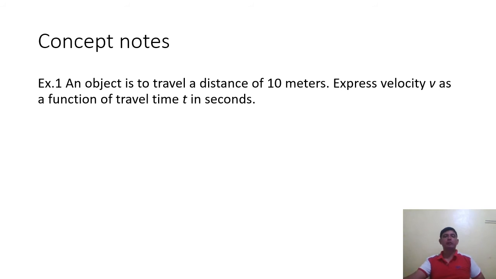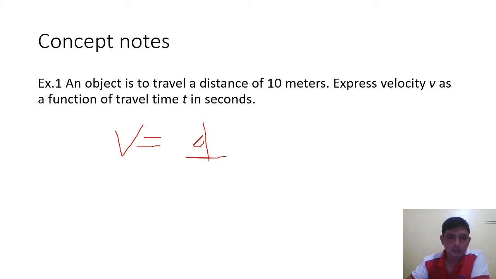This is for how to represent real-life situations as a function. We have this example in your notes. An object is to travel a distance of 10 meters. Express velocity v as a function of travel time t in seconds. It is known that the formula for velocity is v equals distance over time.